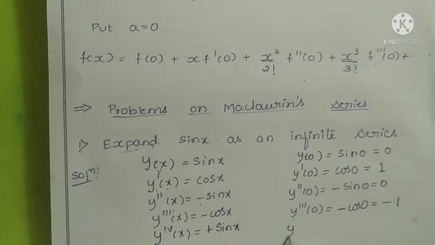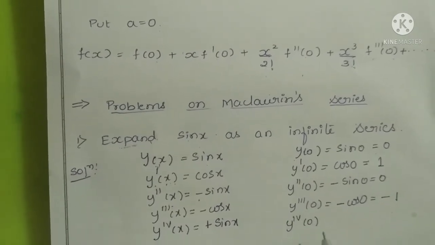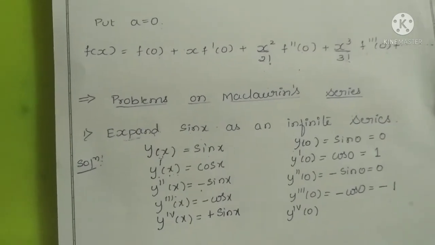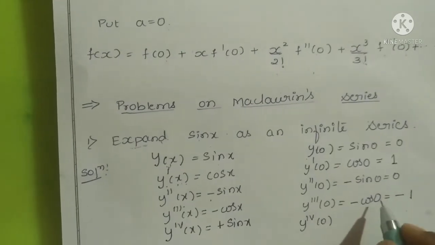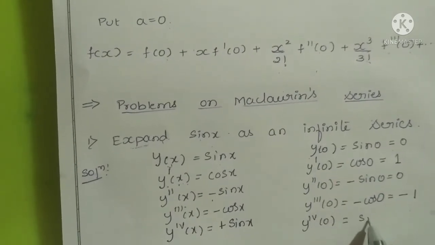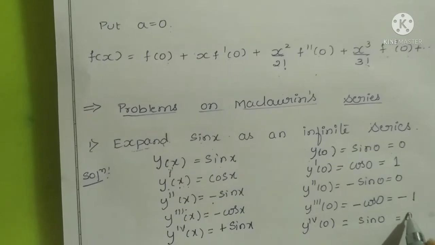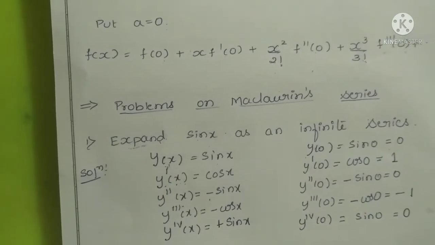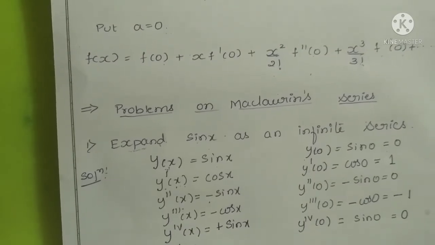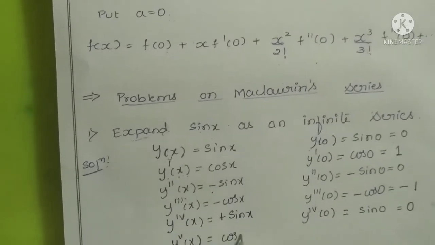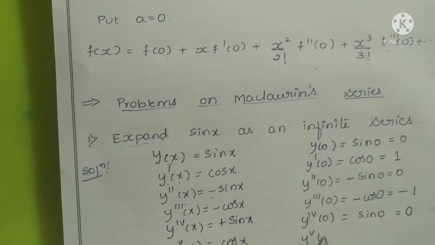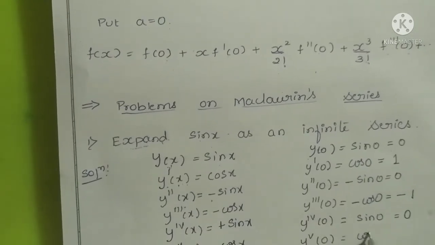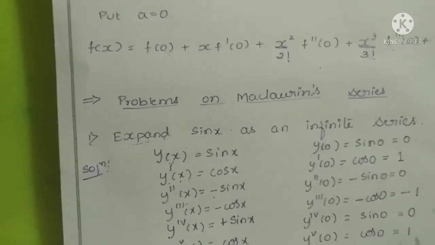Then y to the power of 4 of 0 equals sin 0, which is 0. Then the differentiation of y to the power of 4 of x is y to the power of 5 of x equals cos x. Y to the power of 5 of 0 equals cos 0, which is 1.